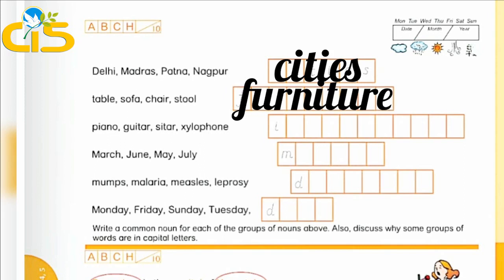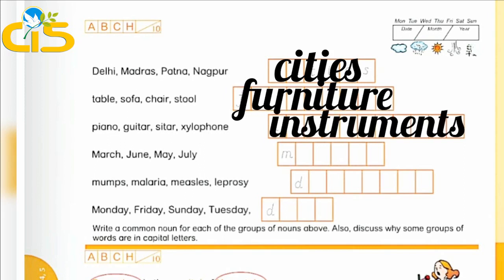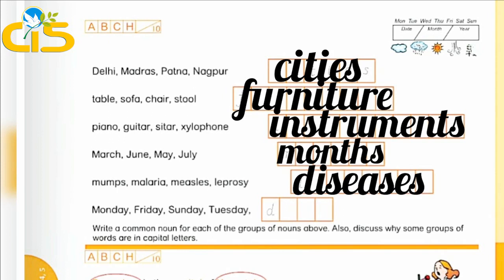These are instruments. Okay. Now next we have March, June, May, July. So what are these? These are months. Okay. Now next is mumps, malaria, measles, leprosy. So what are these? These are diseases. Now the last one is Monday, Friday, Sunday, Tuesday. So what are these? These are days.